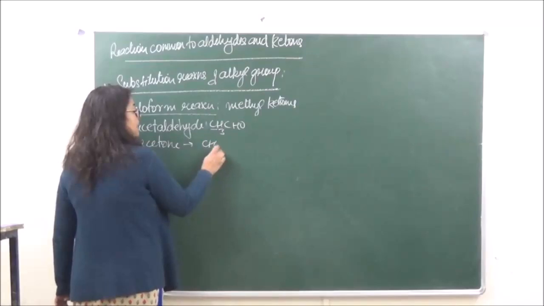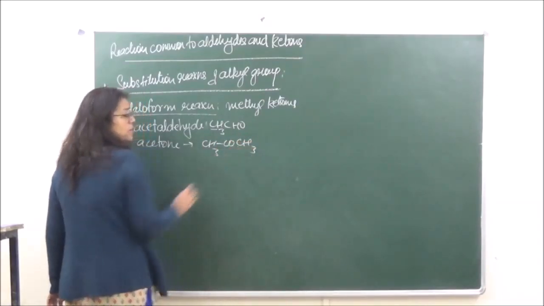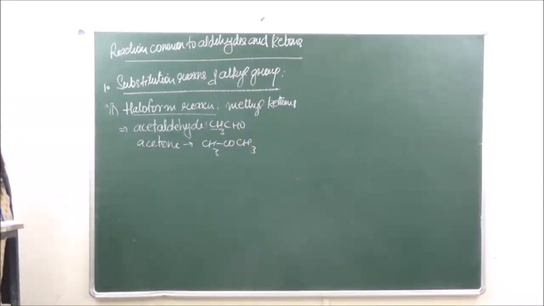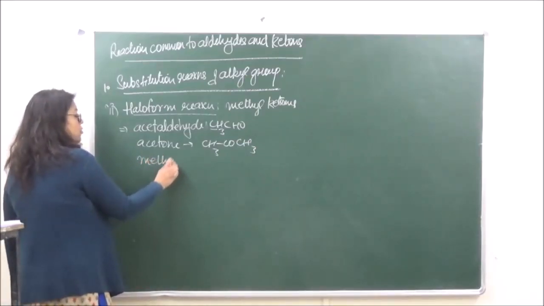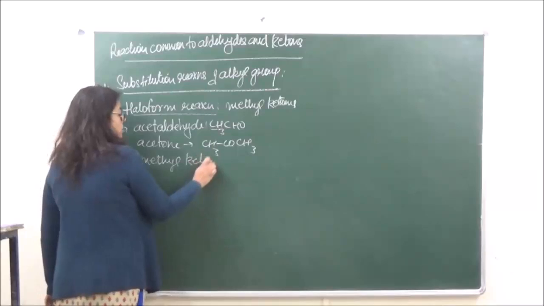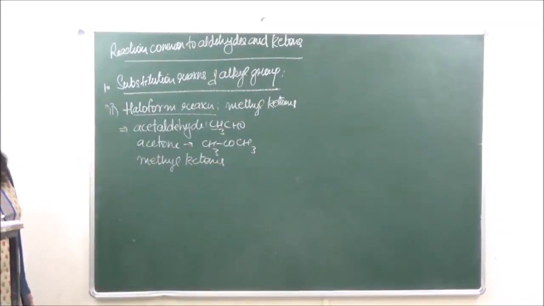Acetone has the formula CH3COCH3. Again there is a methyl group next to the carbonyl, so this gives the haloform reaction. In fact, all the methyl ketones are going to give this test.